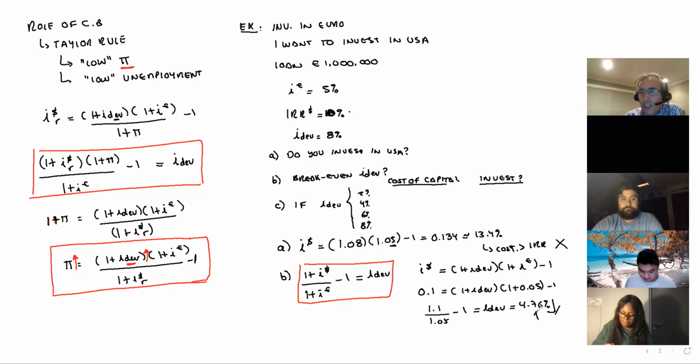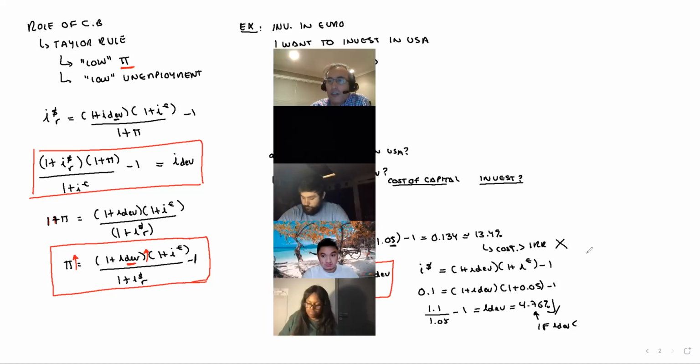So what is the meaning of this number? If I def is smaller than this number, what happens? We do the investment or not? You invest. You do the investment. Exactly. If the depreciation rate is larger than 4.76, you simply don't do it.